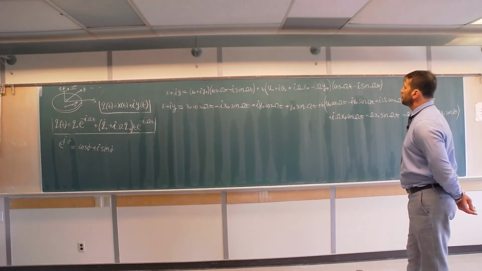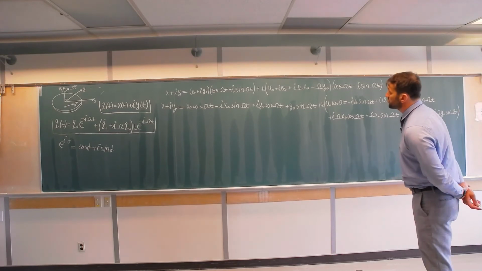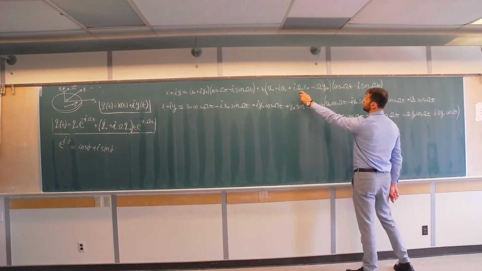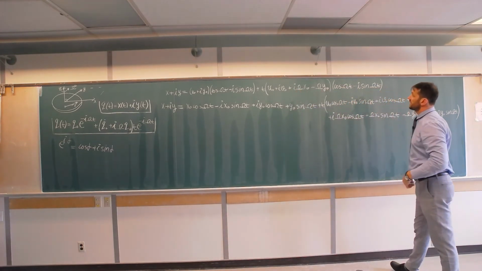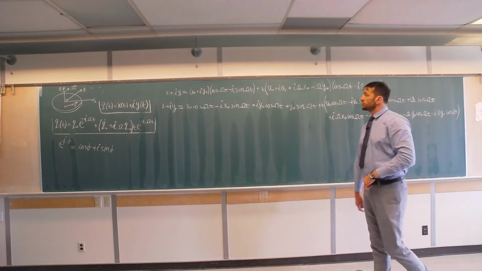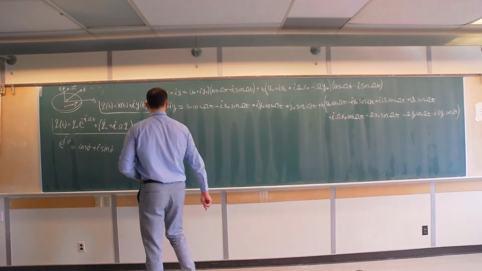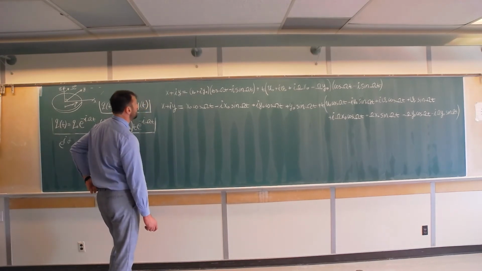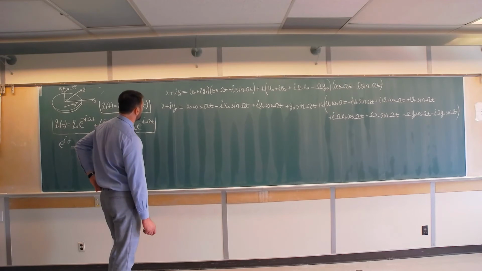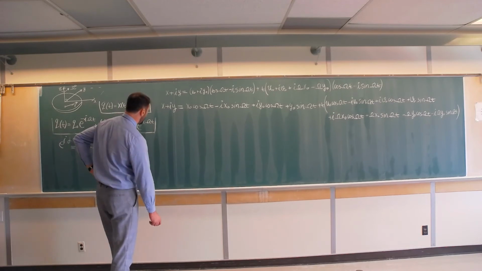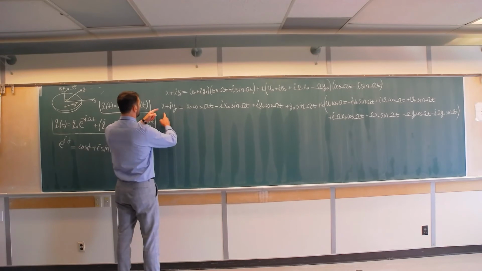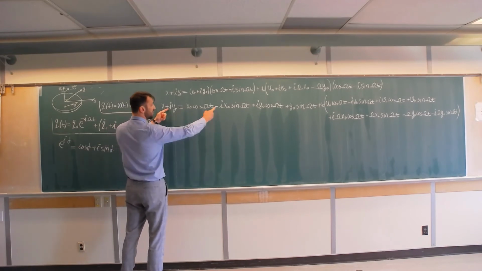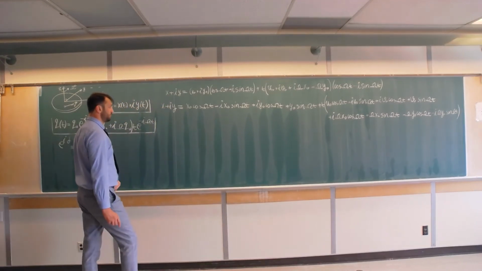Should I check it or not? Well, let's just proceed. The biggest issue is when you're multiplying, let's say, these two terms, to make sure that i squared is minus 1 and so on. So, at any rate, what we will do now, we will find terms that are real on the left side and the right side and imaginary on the left side and the right side and match them.